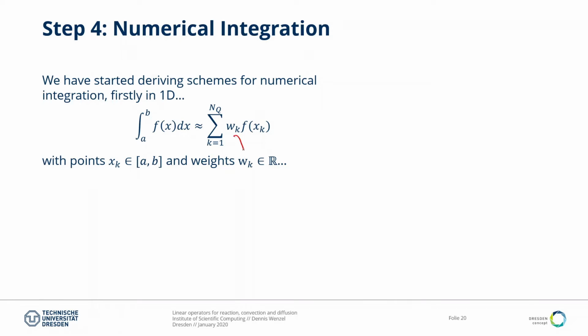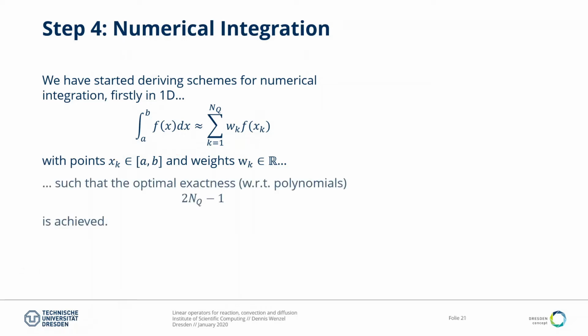So you had those weights here that balanced the individual contributions of the points. Then you had those quadrature points, xk. Those were representative points that contain a lot of information.